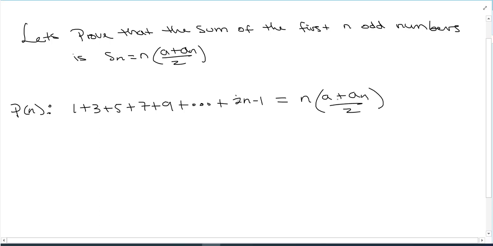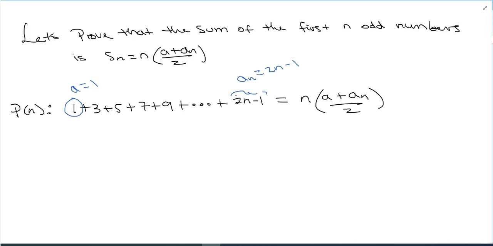Now let's simplify this formula so we can put the whole thing in terms of n. Notice that this 1 is what a is, and this is my a sub n. A sub n is 2n minus 1. So let's write the formula using these.